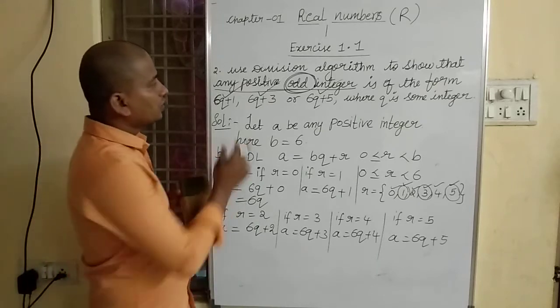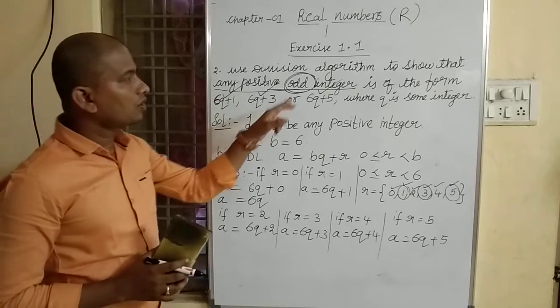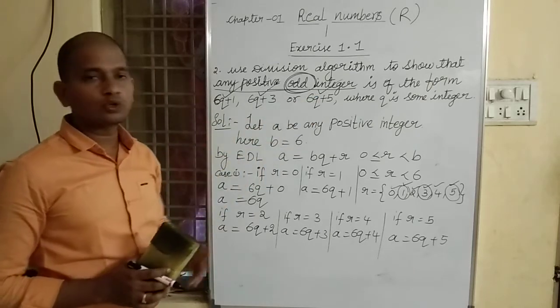So the question is to show that any positive odd integer is of the form 6q plus 1, 6q plus 3 or 6q plus 5.